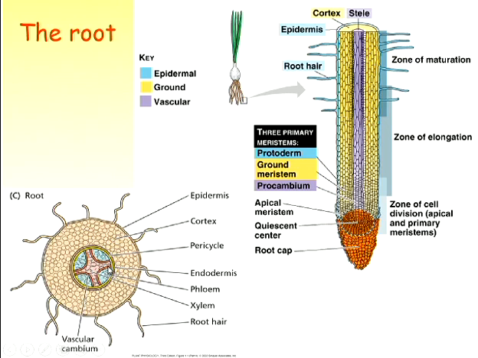So endodermis versus epidermis. Epidermis is the dermal tissue on the edge that surrounds the entire organ, but the endodermis is kind of another layer of skin, but it's within the organ. And the function of this endodermis, as you will see when we look at transport of water and nutrients, is to separate the vascular cylinder from the outside world, because the xylem, particularly the xylem, is dead tissue.